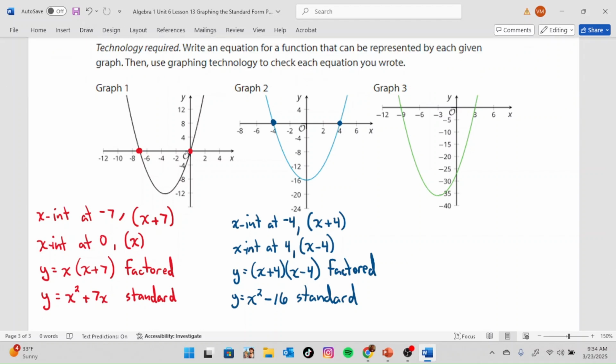And finally, graph 3, I see that I have an x-intercept at -9. That means my factor must be x plus 9, because -9 plus 9 is 0. And then I notice that I have an x-intercept at +3.